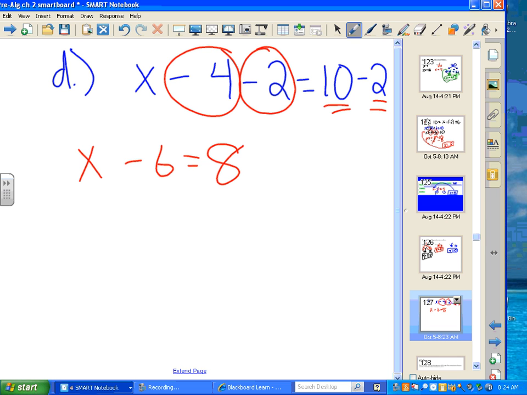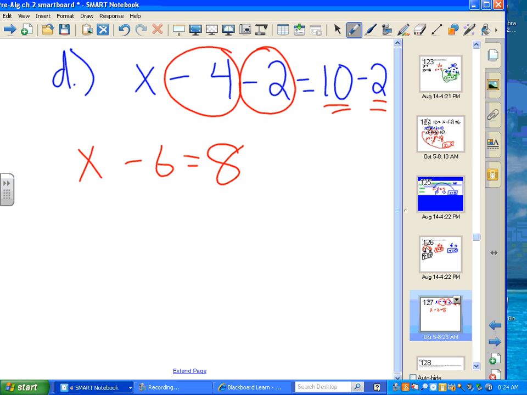Okay, so, excuse me. Negative 4 minus 2, sorry. Negative 4 minus 2, is it the same thing as negative 4 plus 2? So you get negative 6. It's plus a negative or minus, not minus minus.